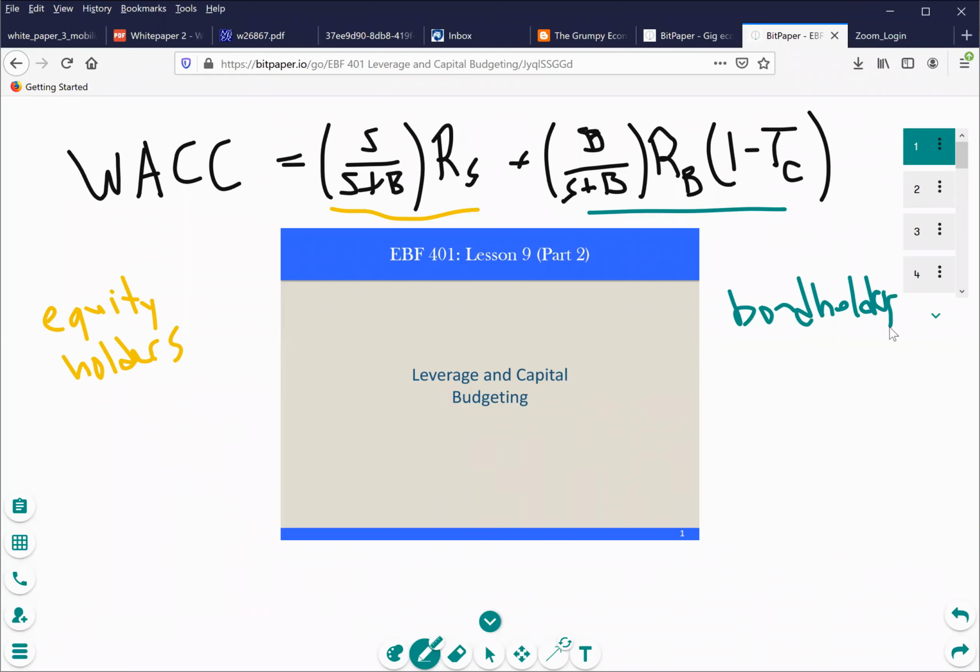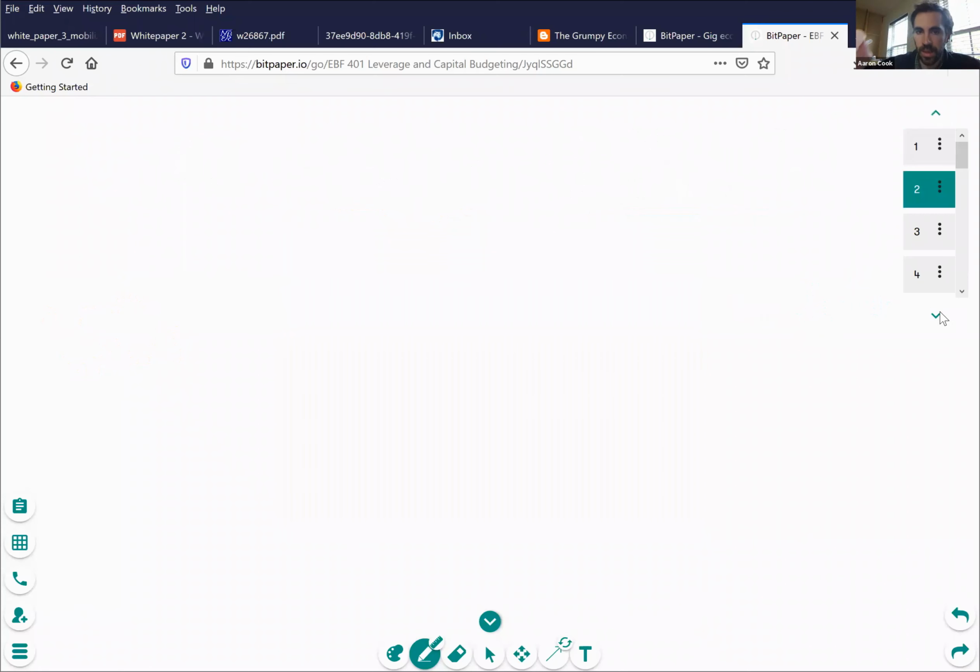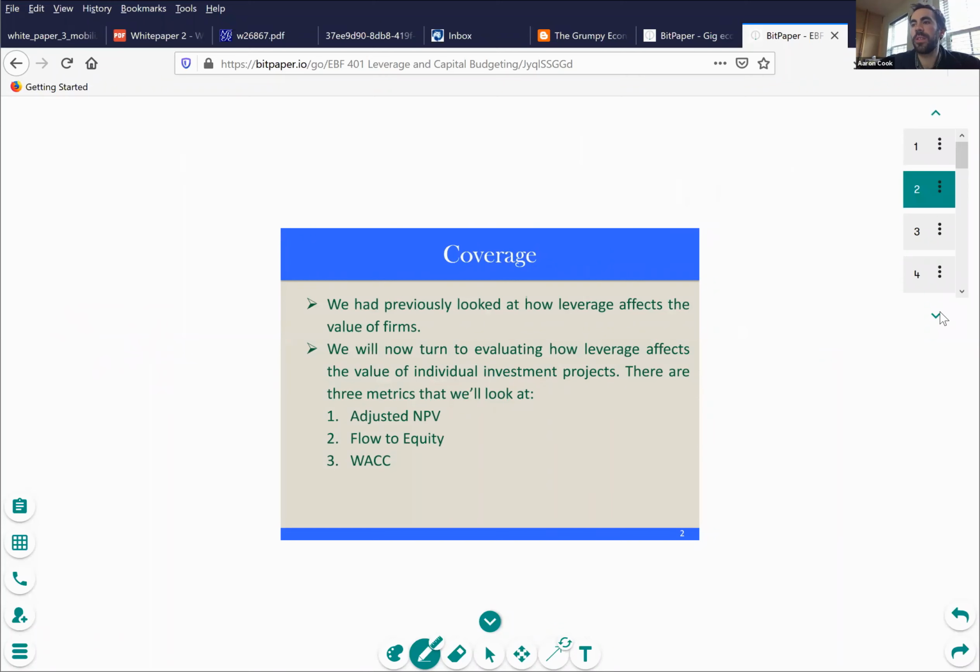We have to disaggregate that. We have to keep those two groups separate when we're thinking about how to discount projects, how to think about required returns on projects. So that's what we're going to be doing in this part, thinking about incorporating capital structure into capital budgeting.